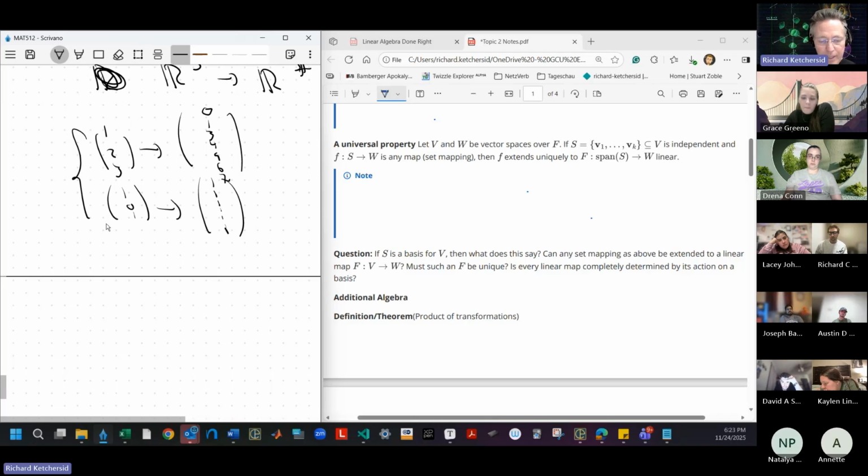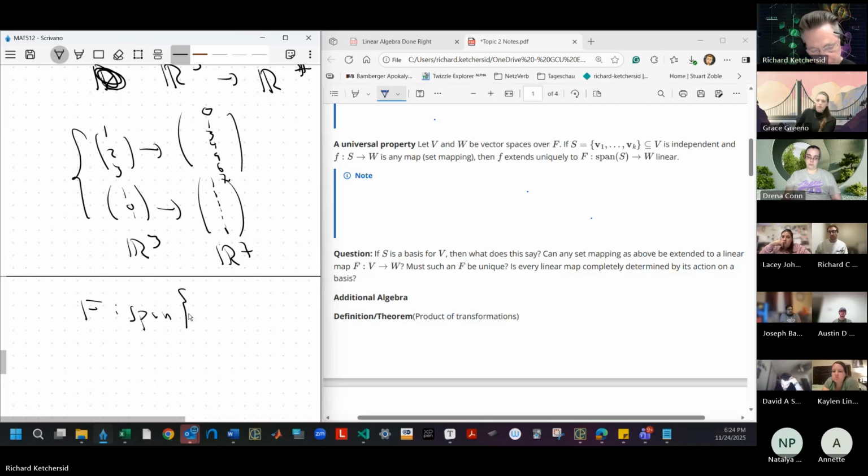Well, then I get a unique map, right? So these two things are coming out from R3, these two things are coming out from R7. I get a unique map F, which extends this, going from the span of those two vectors, that subspace, into R7.